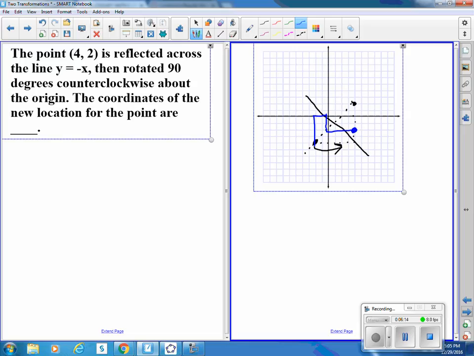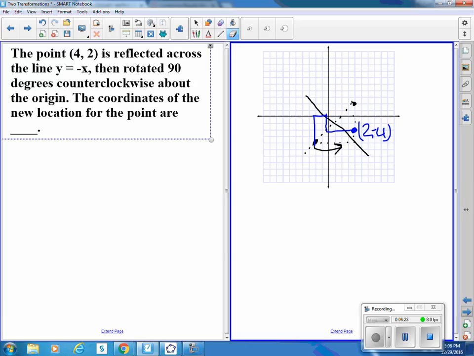Sorry, it's (4, negative 2), and he was at (4, 2). Still the same distance away from the origin. All those transformations have that property, those particular transformations.